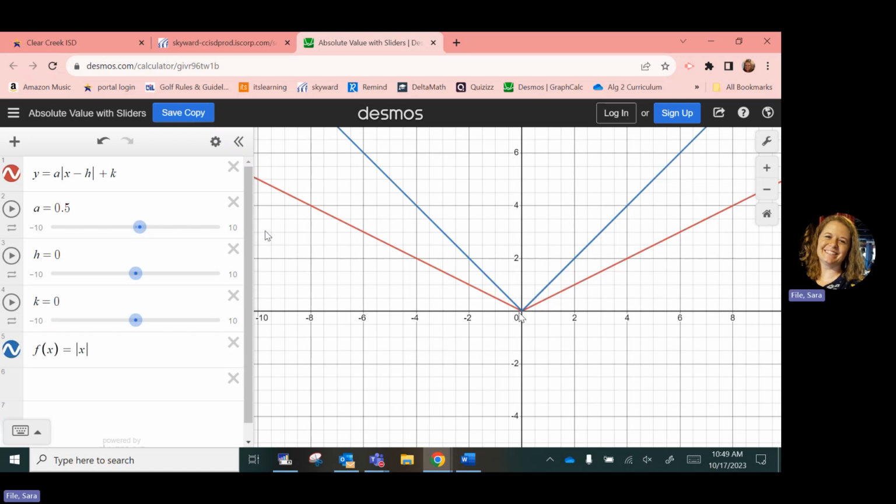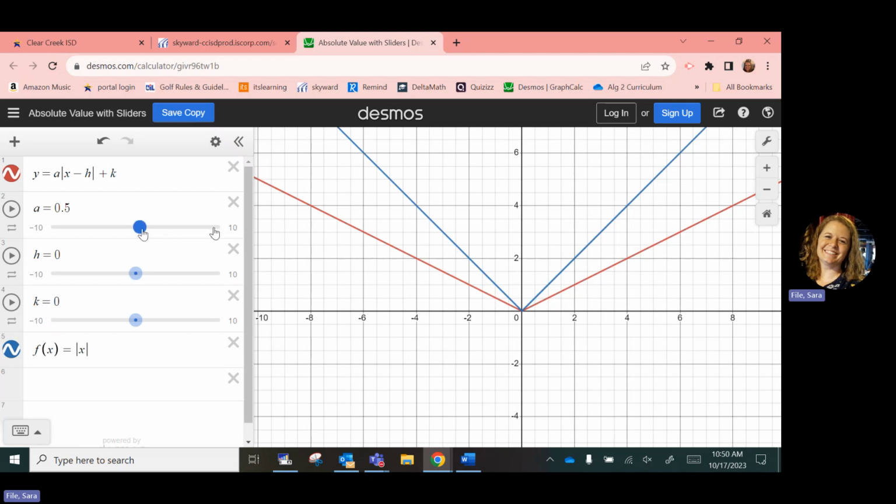Okay, so what happened is my A value is compressing my graph vertically. So imagine putting your hand at the bottom on the vertex and your hand at the top and squishing them together. It squished my graph and made it look wider, right? So when your A value is a fractional value, less than 1, that's what happens.